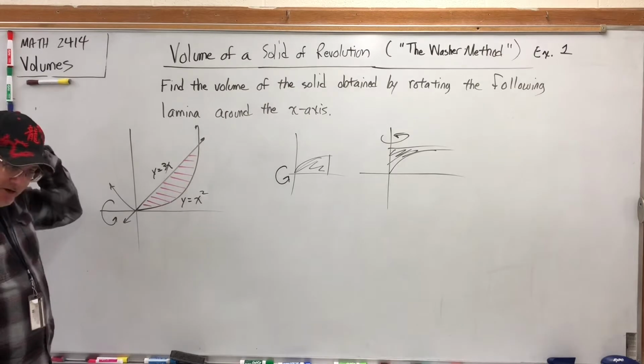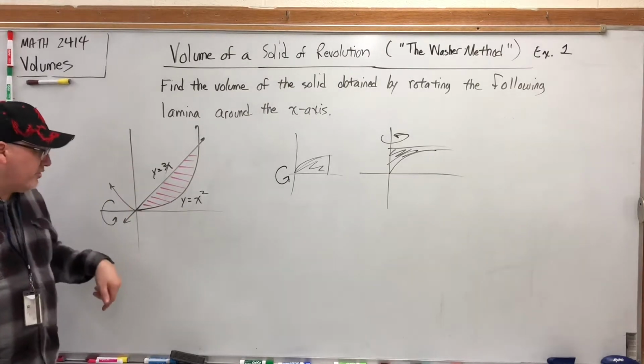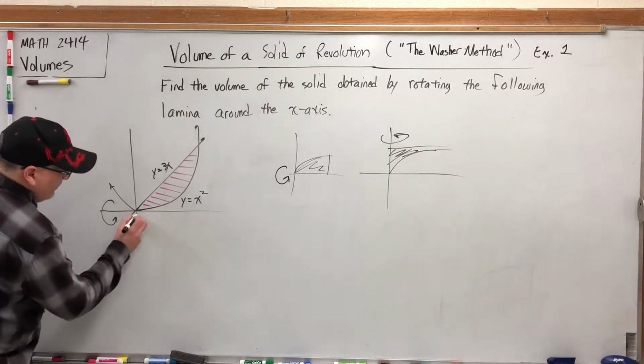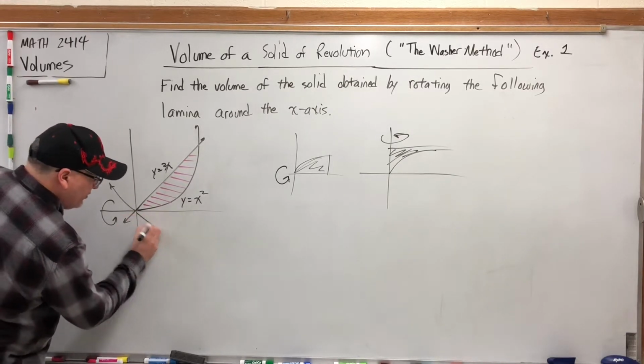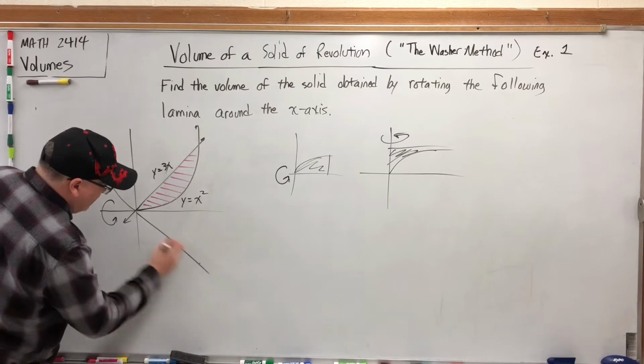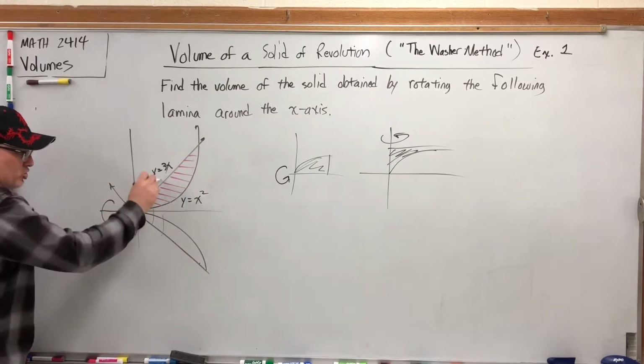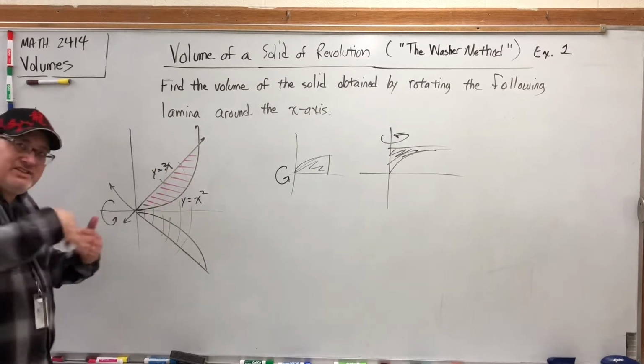Now, why does this matter? Because when we spin this around, our cross-section is not going to be a circle. Let's see if I can draw this. If I spin it around, it's going to look a little something like that. It's almost going to look like an ice cream cone, but the insides of it are kind of curvy.